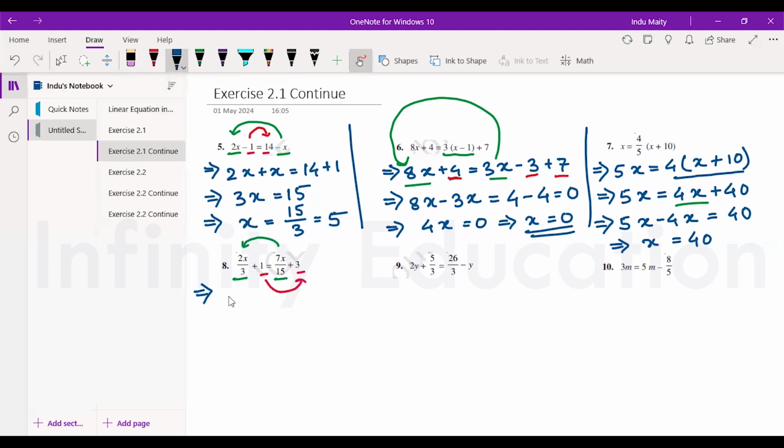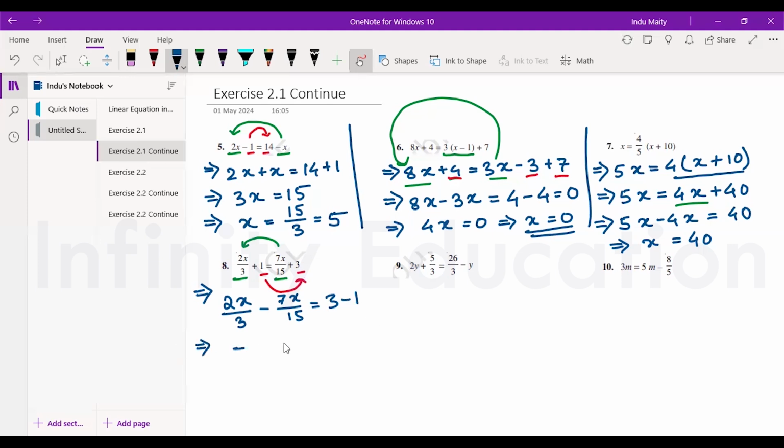So this is 2x by 3, and as this is positive 7x by 15 on the right side, I will take it as negative. So 7x by 15 is equal to positive 3 as it is. And as this is positive 1 on the left side, this will be negative 1 on the right side.